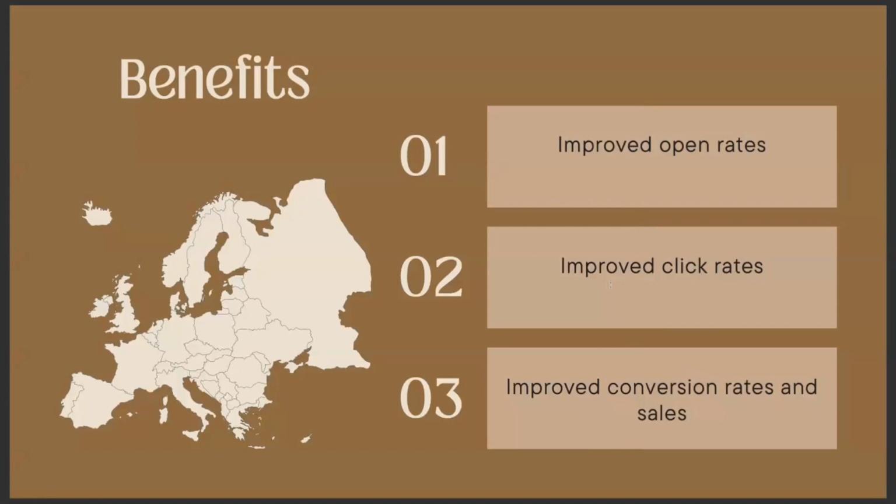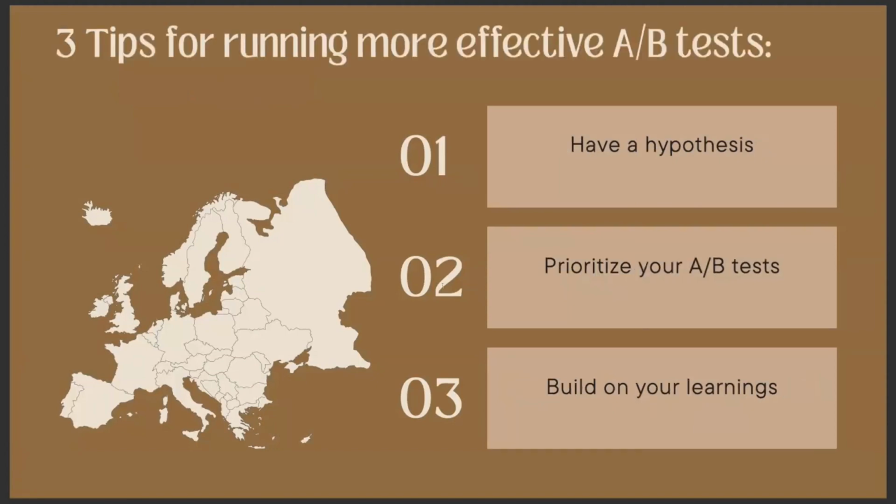So if you ask me what the benefits of A/B testing are: first, it helps you improve open rates; second, it helps improve click rates; and third, it helps improve conversion rates and sales. So I'm going to talk about 3 tips for running more effective A/B testing for emails.